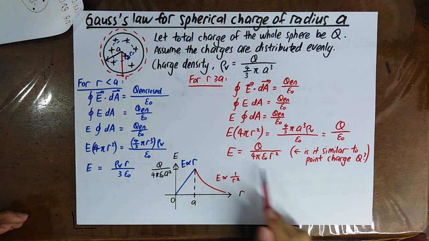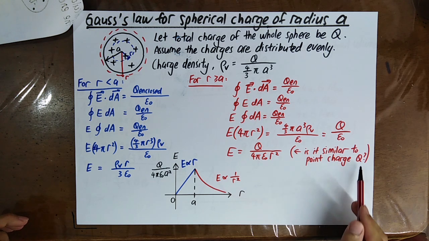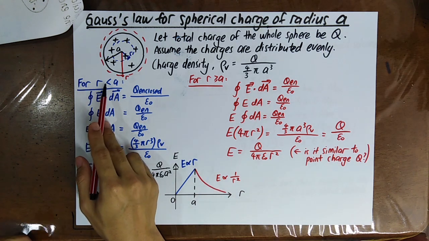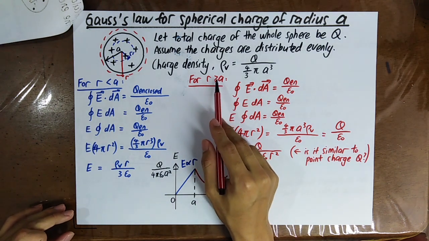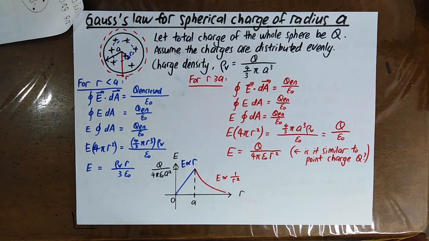This is the same formula that you get for the electric field strength of a point charge Q. So now you can plot a diagram like this. For R less than A, E is directly proportional to R. But for R greater than or equal to A, E is inversely proportional to the square of R.